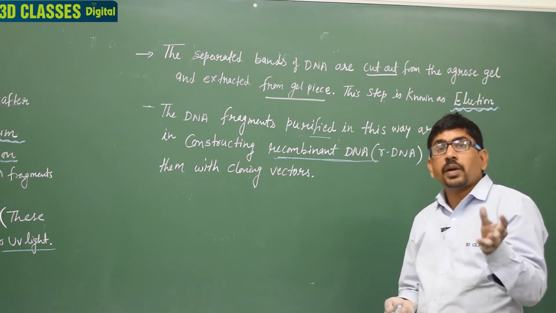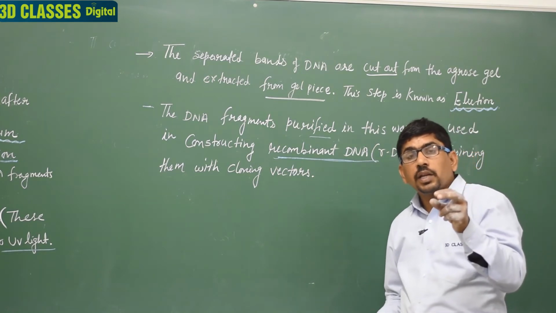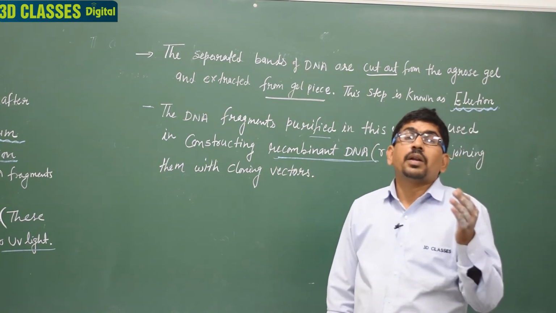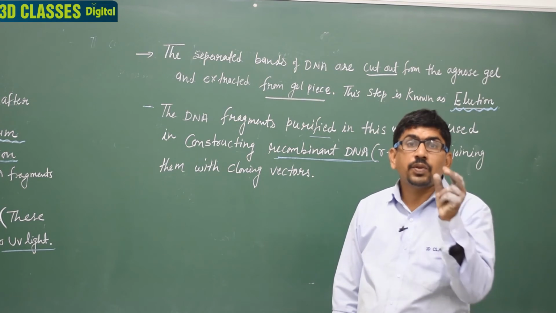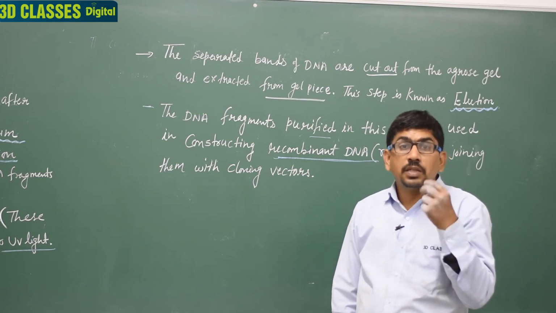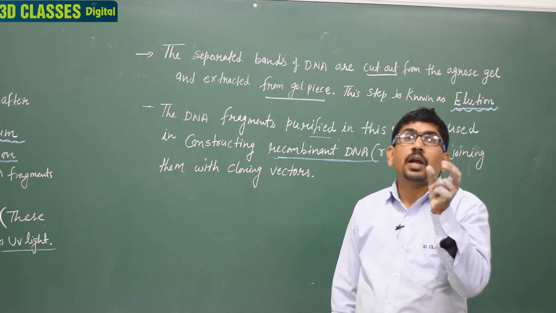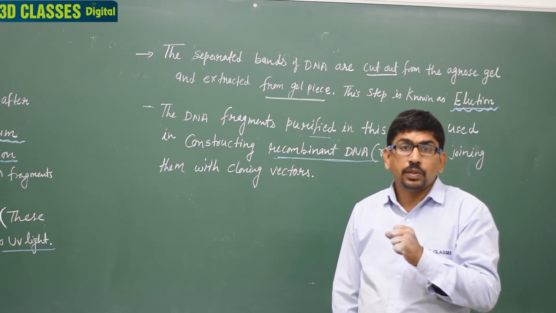these are so many segments. When the DNA is cut with the RE enzyme, so many segments are formed, but the desired segment is this part of the DNA. How can we isolate it?